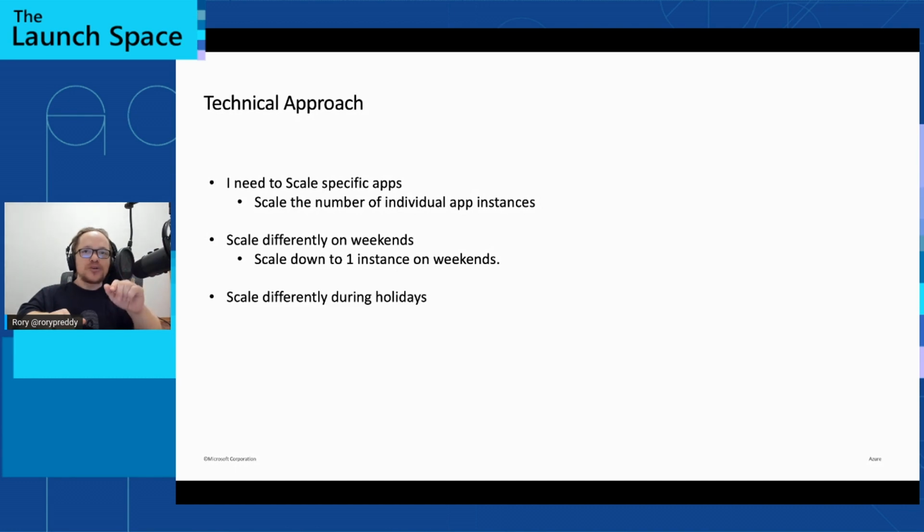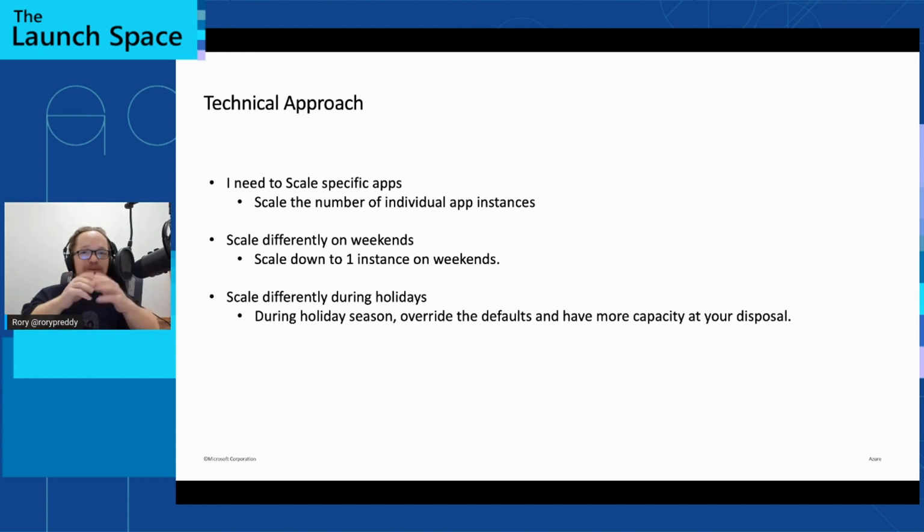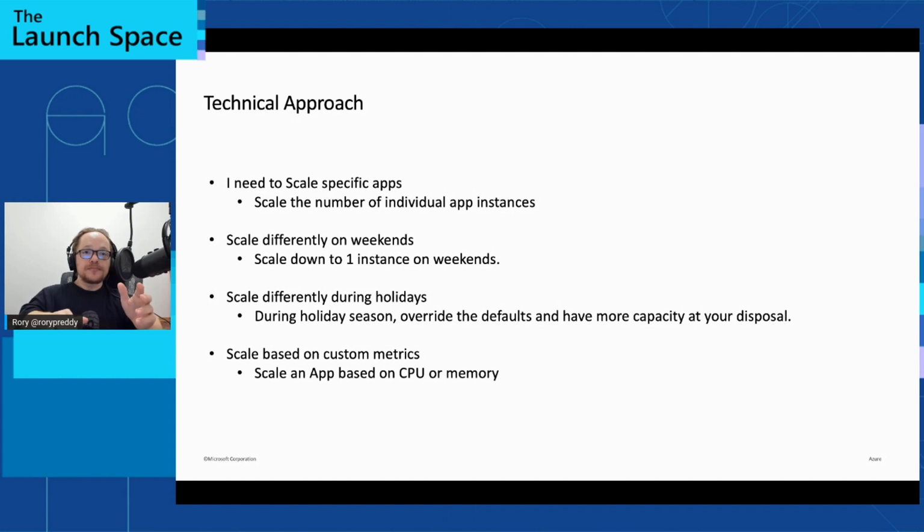I want to scale differently during holidays. In this approach, during a holiday season, I want to override the defaults and have more capacity at my disposal. And finally, scale on custom metrics. In this approach, we scale on an app based on CPU or memory.